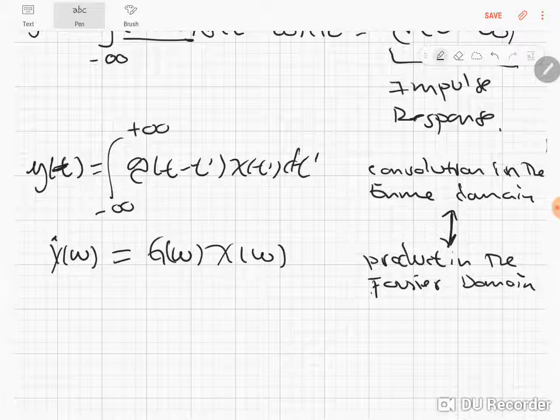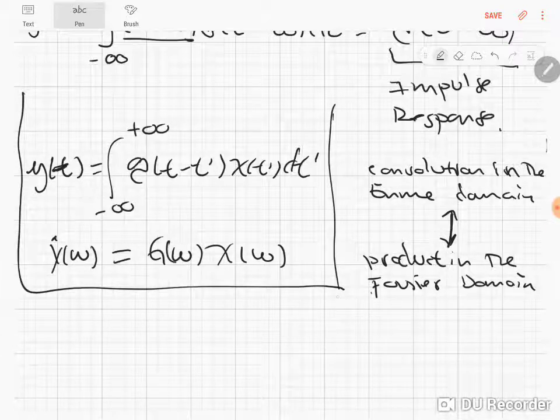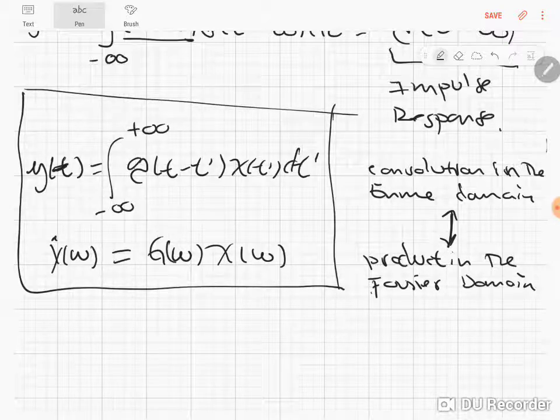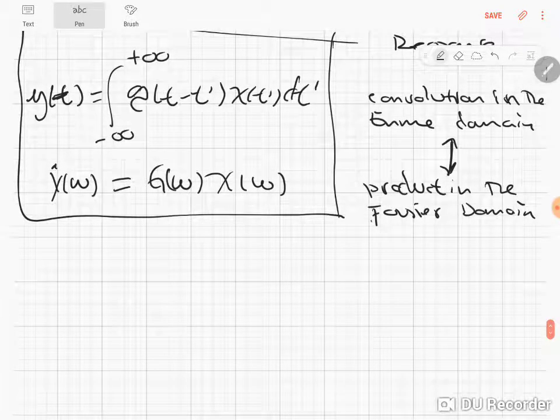That's what that means. This is a very nice identity, and this property is dual.